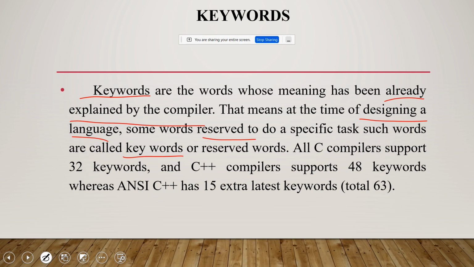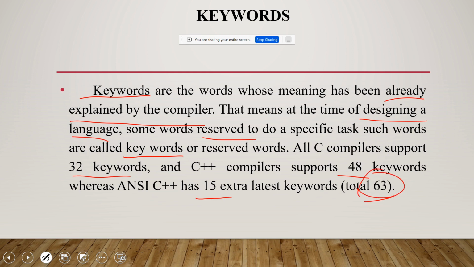Keywords are reserved words. The C compiler supports 32 keywords, but this compiler supports 48. ANSI C++ has 15 extra keywords, that means it includes 63 keywords.